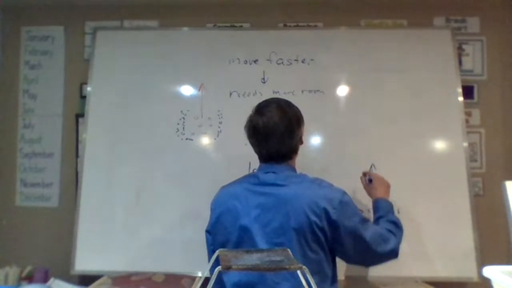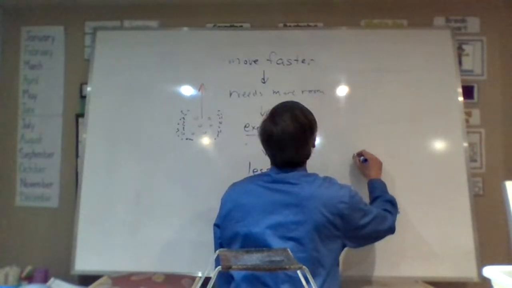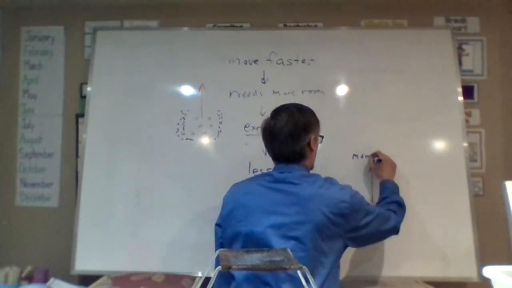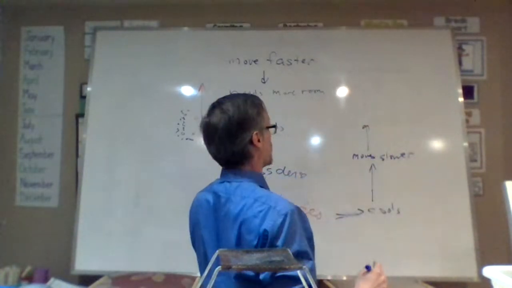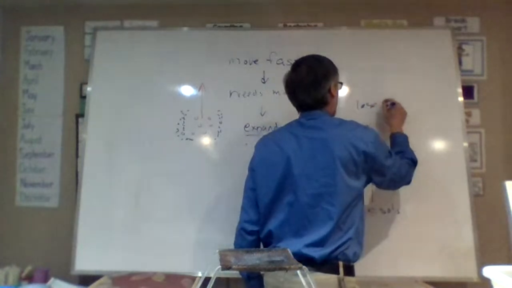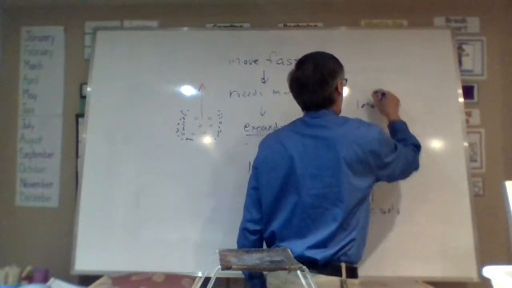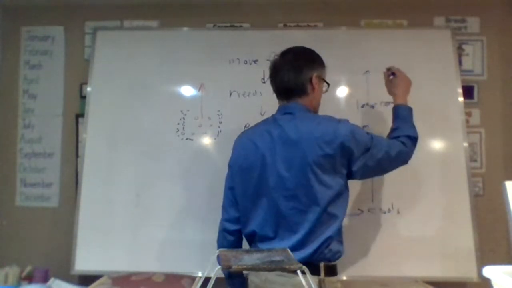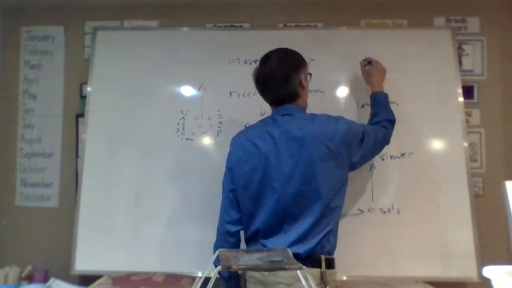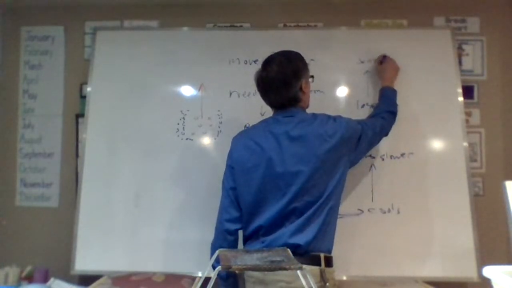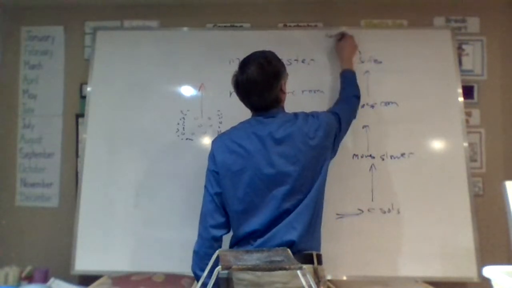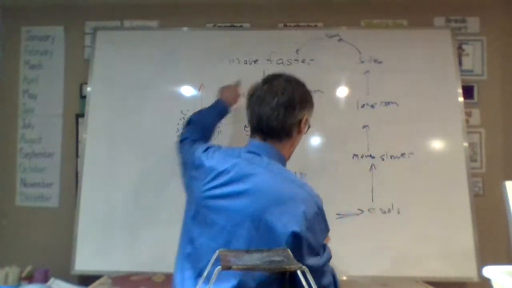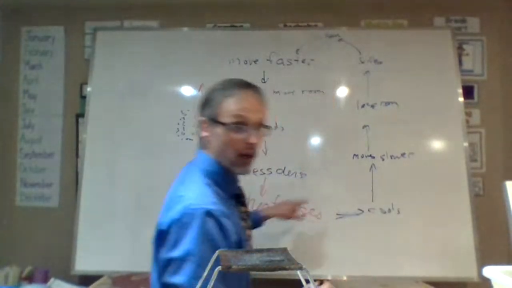As it cools, the molecules move slower. As the molecules move slower, it needs less room. As it needs less room, it sinks. And then it gets to the heat source again, and then we have this cycle going around and around.